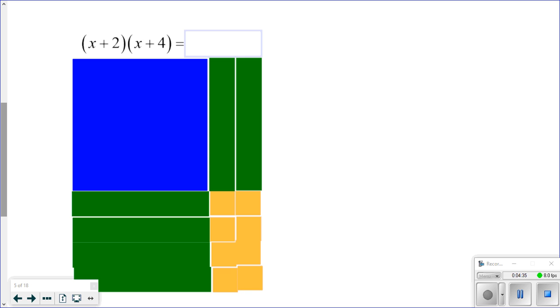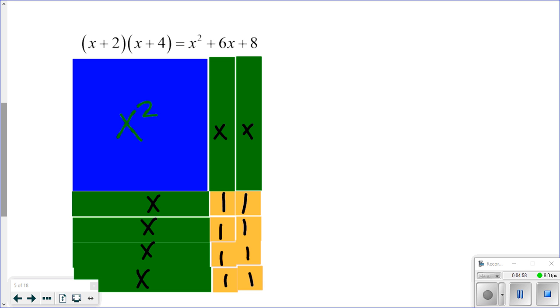And now, if you're looking, we have 1x squared. How many x's do we have? How many total do we have? And then how many total singles do we have? So it's x squared plus 6x plus 8.